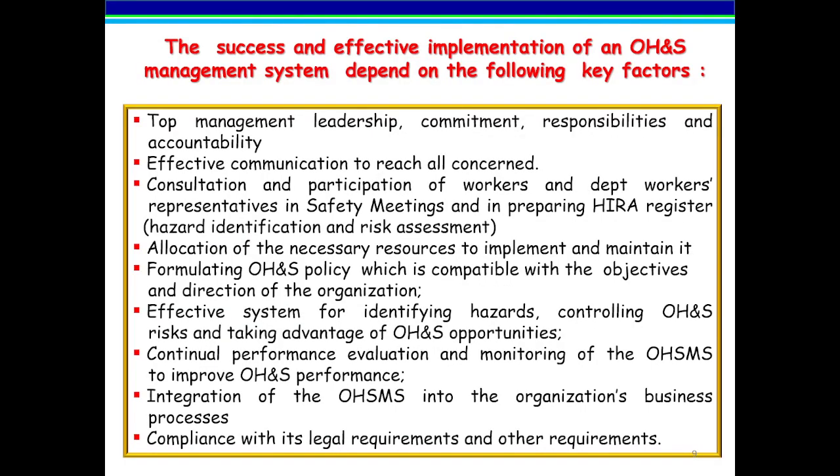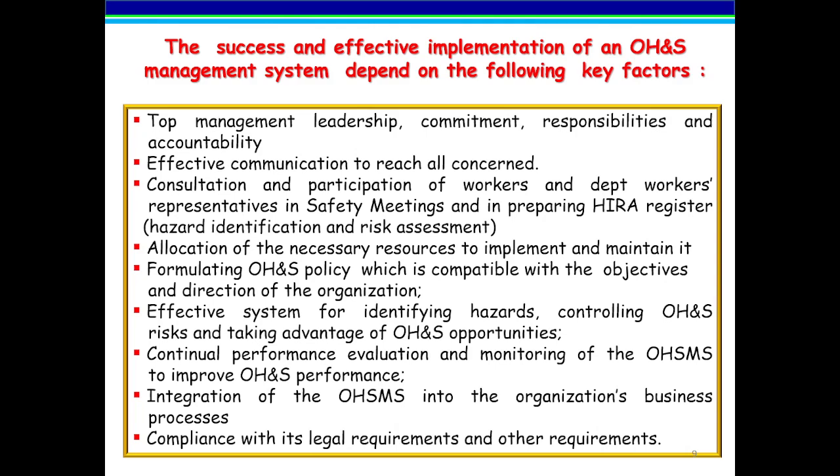The success of occupational health and safety depends on the following key factors. Top management commitment is very essential for the success. Ensure effective communication to reach all concerned. Ensure effective participation of workers and their department representatives in safety meetings and in preparing the HIRA register, that is the Hazard Identification and Risk Assessment Register. Management ensures resources are allocated for implementing and maintaining the system.